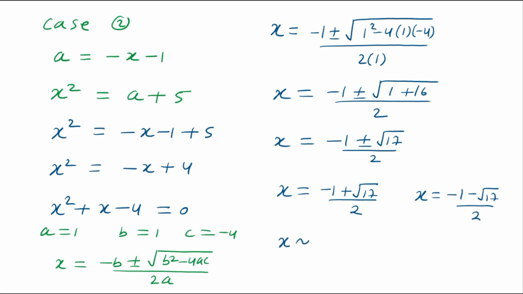This value of x is approximately equal to 1.5615 and this value of x is approximately equal to −2.5615. But look carefully, here a is equal to −x − 1 and we know that a is greater than or equal to 0.